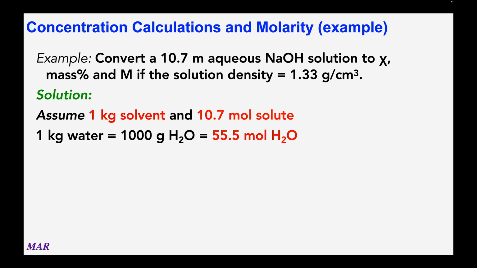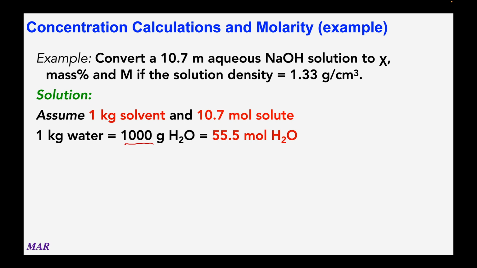Now, if it's 10.7 molal, that means 10.7 moles of solute per kilogram of solvent. So in 1 kilogram of solvent, which would be 1,000 grams of water, you would have 10.7 moles of solute, 10.7 moles of sodium hydroxide. So molality, if you're starting, assume a kilogram of solvent.